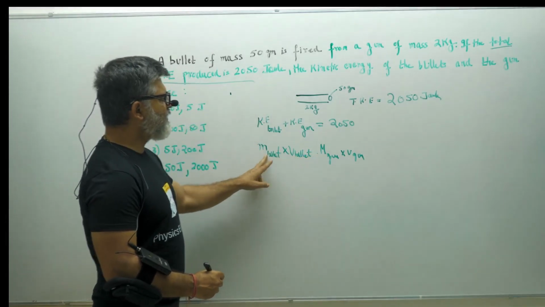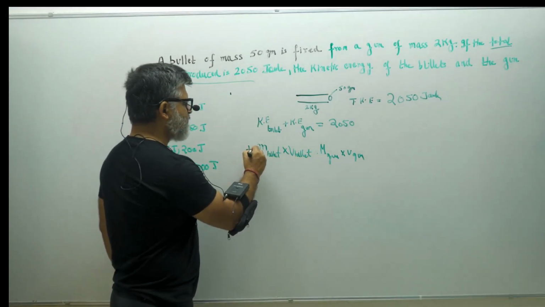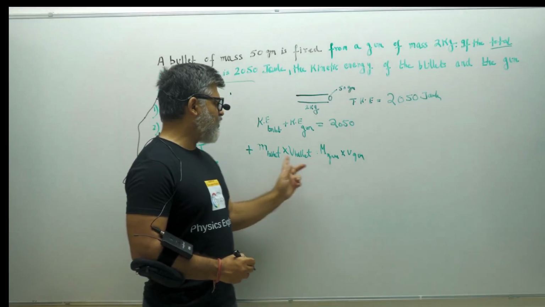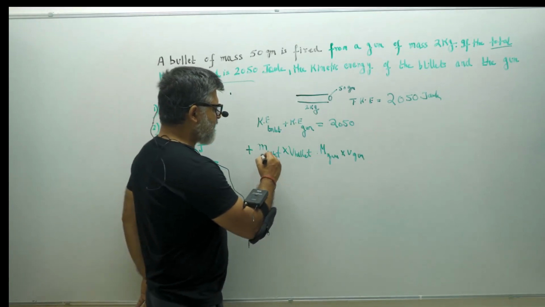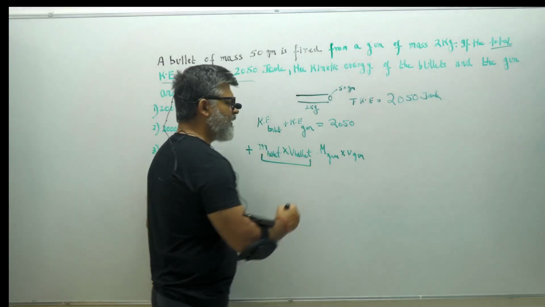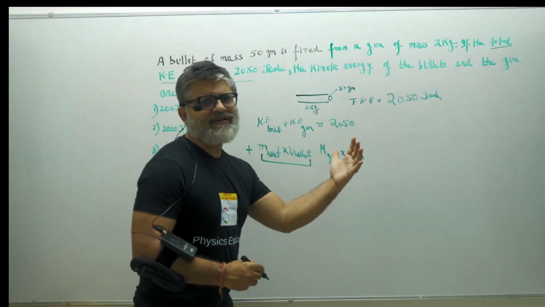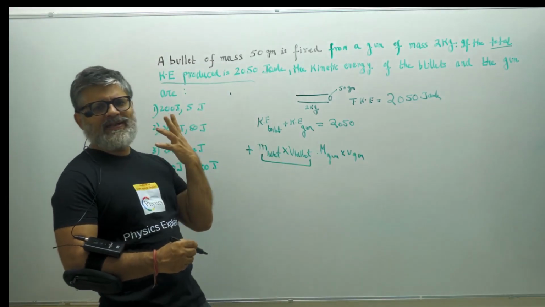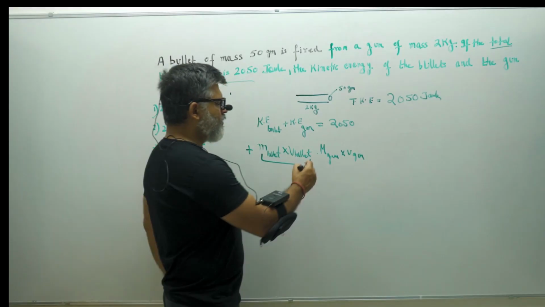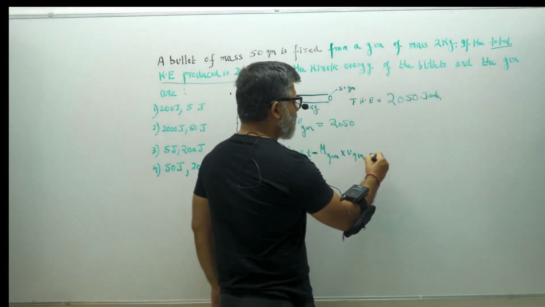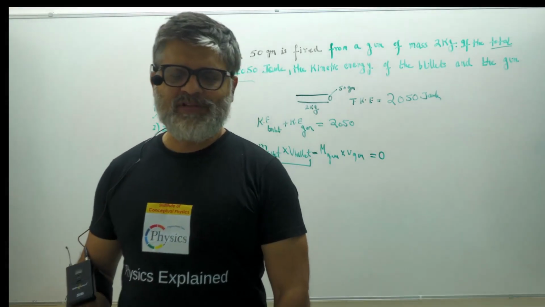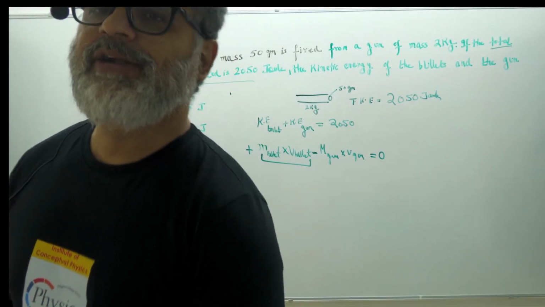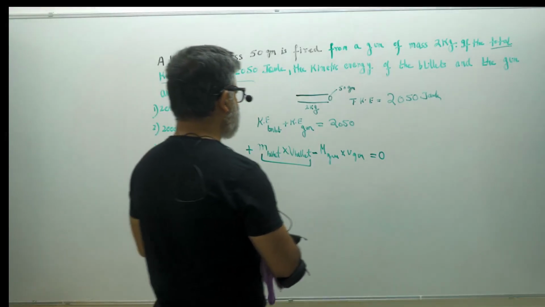The bullet is forward, so it is plus, and the bullet is written as m bullet into v bullet, and the gun is backward. So it's a negative momentum, right? Vector. So I'm going to write minus, and the net momentum has to be 0. And that is why I removed this negative sign and took it on the other side, which means this is what I did.